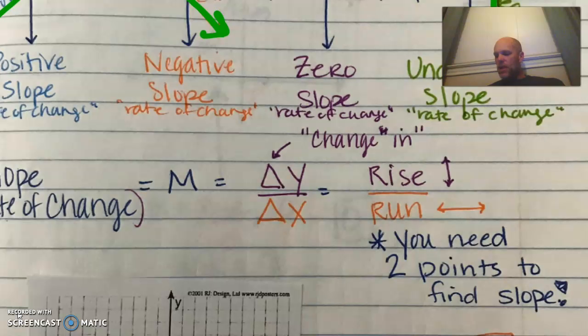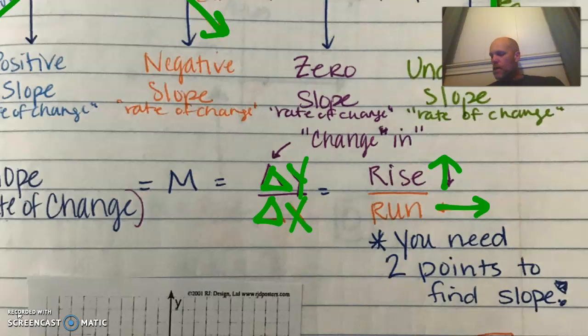Triangle means change. It's the change in y, how much it changed, over the change in x. We've already done all of this, I already did it on the assignment. It's the same thing as rise over run.